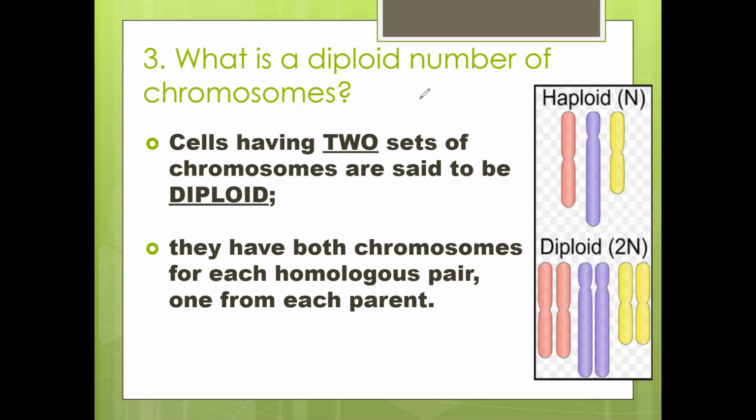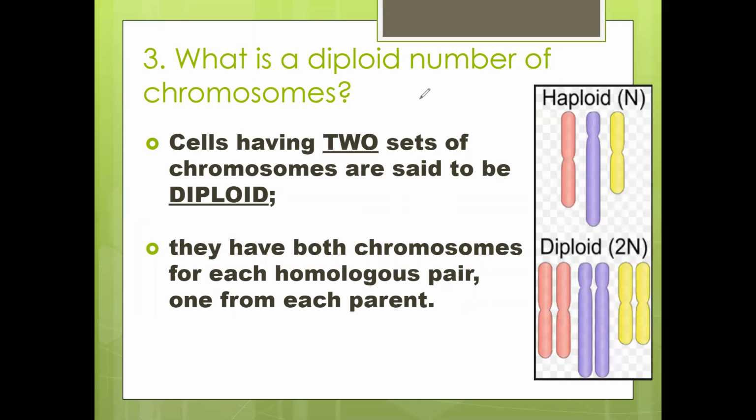What is a diploid number of chromosomes? Diploid is a term we've talked about before, and what that means is you have two sets of chromosomes in your cell, one coming from your paternal parent and one coming from your maternal parent. Those would be all of your body cells, cells of your skin, of your brain, of your heart, anything in your body except for sperm and egg cells.